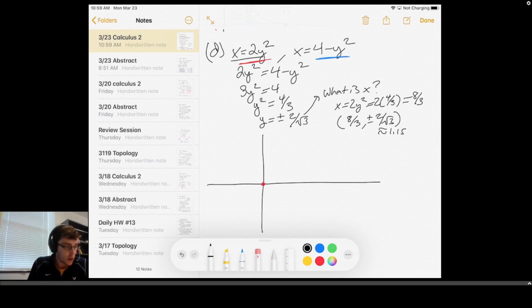So y isn't going up that fast, but the x is because of the ×2. So let's go ahead and do 2, 4, 6, 8. That should be good enough. So with 2y squared, when y is 1 or -1, we get 2. When y is 2 or -2, we are going to get 8.